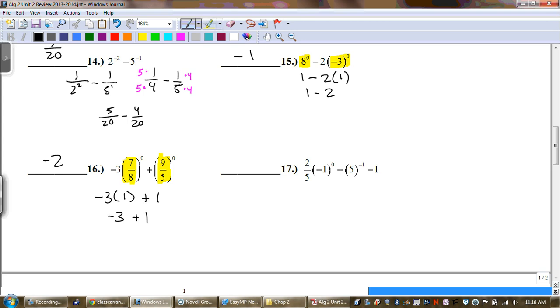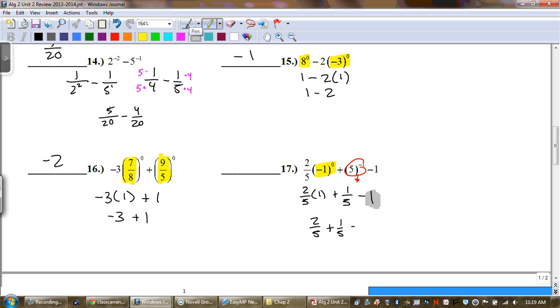All right, 17, once again, when your exponent is 0, your base turns into 1. So that's 2 to the 5th times 1 plus, my exponent's negative, I need to drop it like it's hot, minus 1. Okay, so we have 2 to the 5th plus 1 to the 5th minus, I need everything to have a common denominator.